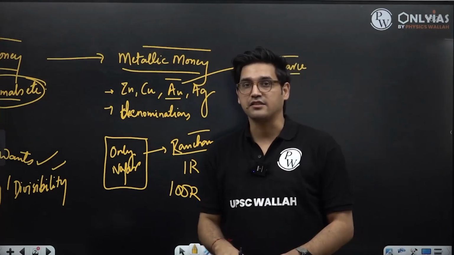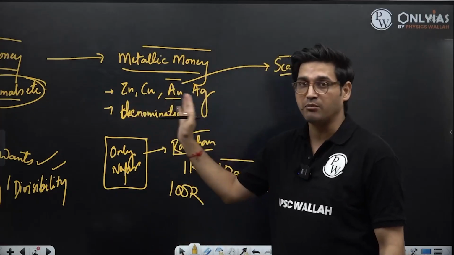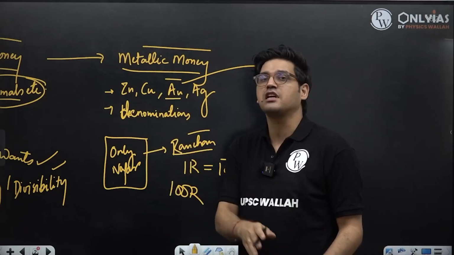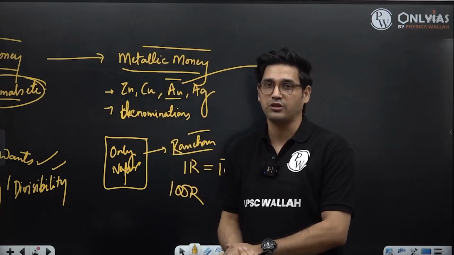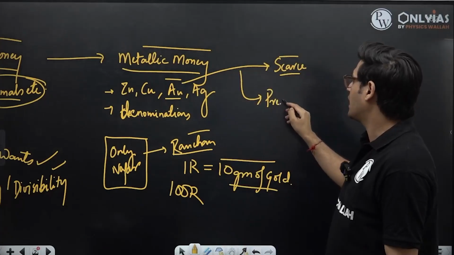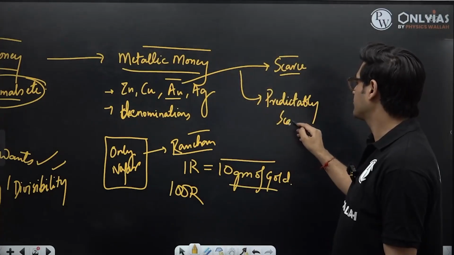Other metals also had their time, but gold was the one which society eventually started relying upon. The other reason is that gold was not just scarce, gold was predictably scarce.